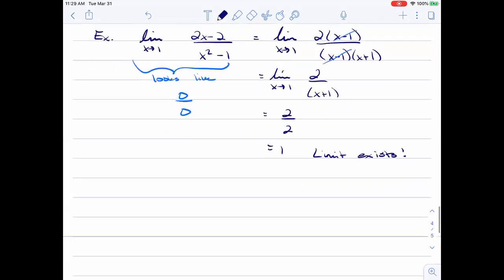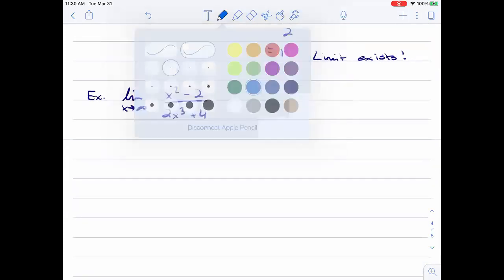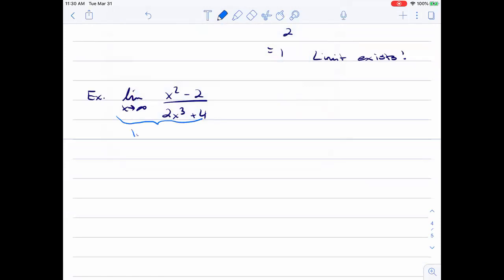So another example, if we have the limit as x goes to infinity of x squared minus 2 over 2x cubed plus 4, if we look at it, we've got x squared, x is going to infinity, so this is going to infinity. This is also going to infinity, right? And so we've got infinity over infinity.